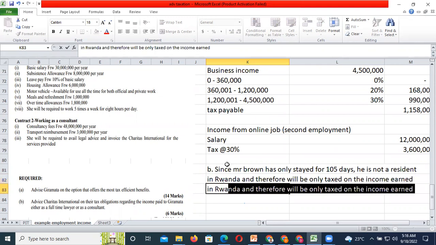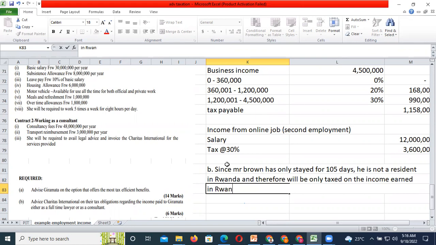I think that's what I can summarize on that part. Since he has only stayed for 105 days, automatically Mr. Brown is not a resident. So since he's not a resident, you are only going to tax him on the income that he has generated in Rwanda.